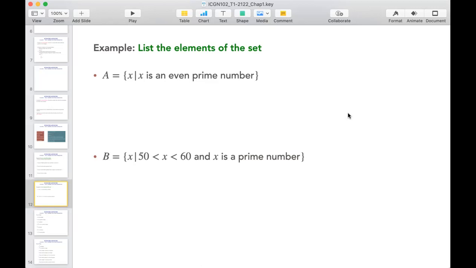I give you 1 minute to think about it, and I would like to have someone tell me what the answer is for this set B. Five seconds left.